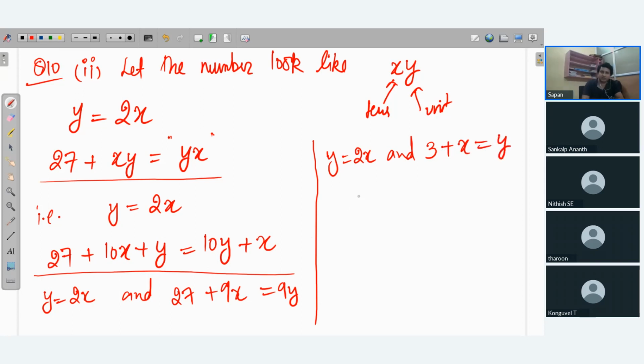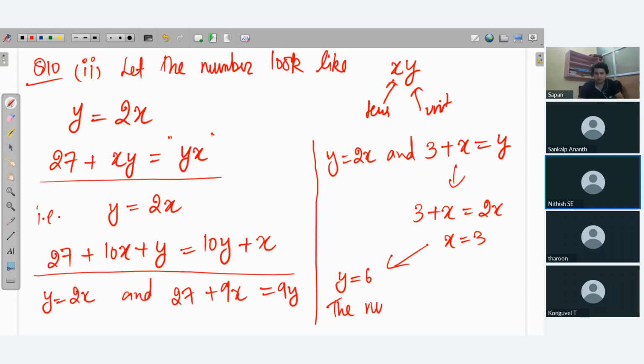These are the simple equations. So we substitute here: 3 plus x equal to 2x, x becomes 3, and then we get y equal to 6.